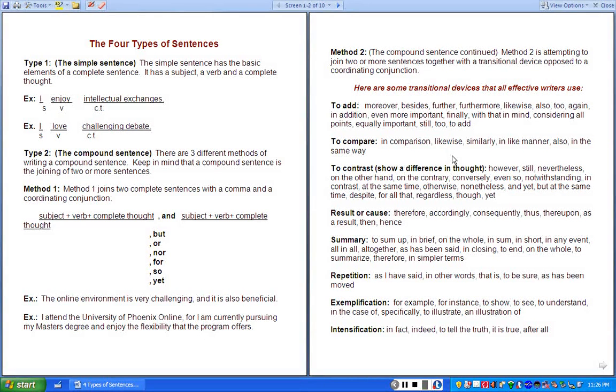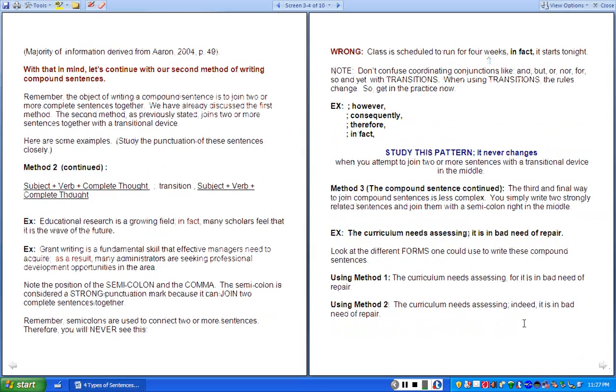Because writing with transitions and knowing how to use transitions is a sign of an advanced writer. Okay? It's one of the signs. It's not the only thing, but it's extremely critical that you use them. So that's why I'm really going over this with you, because it's something that you need to understand that's very, very important.